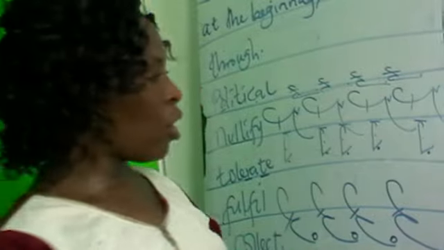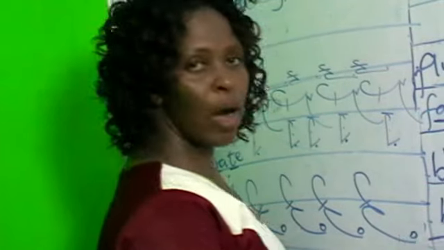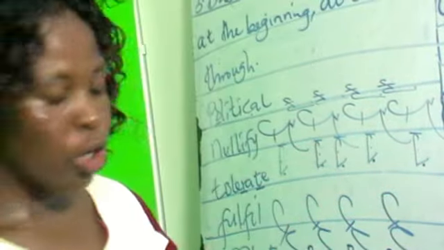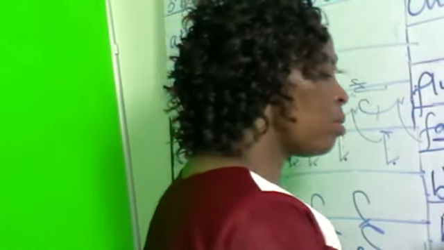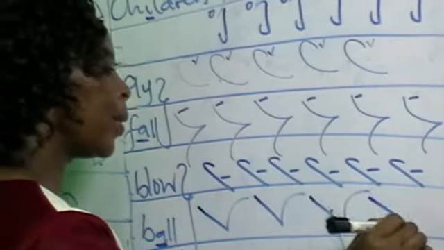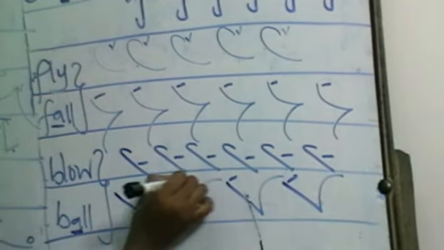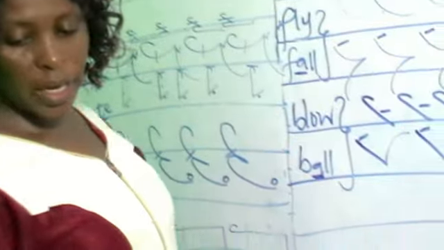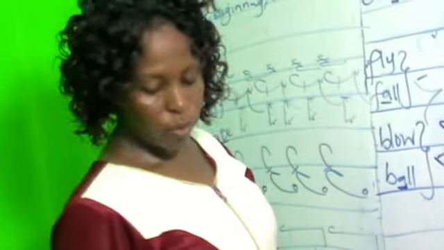But the word ball, because of the vowel which comes in between the consonant and the L, we are going to use an upward L, a stalk of B and upward L. Ball. That is how we are going to drill the word ball. So try to compare the two. If the vowel comes in between the consonant and L, we do not hook for L.